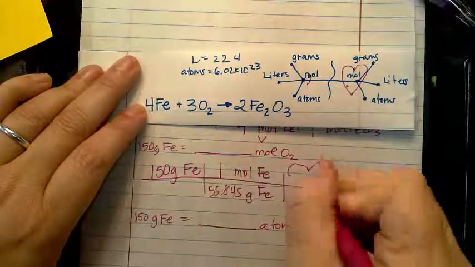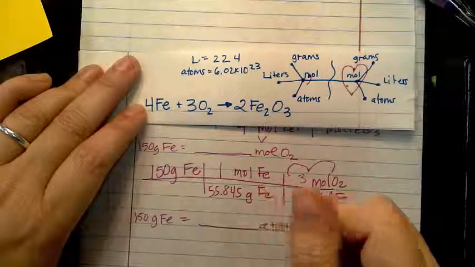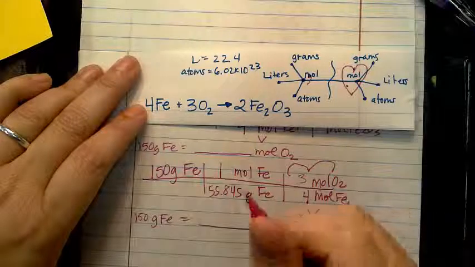Remember, if it's not in the heart and it's a mole, it's a 1. So I'm going to multiply across the top, multiply across.